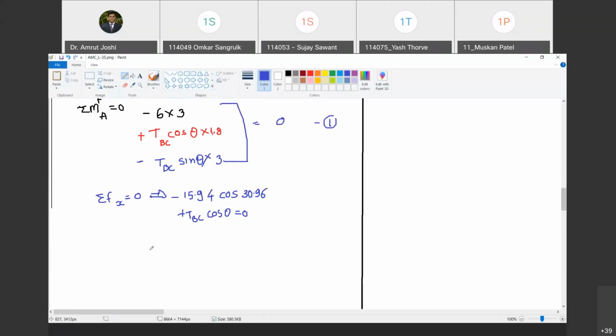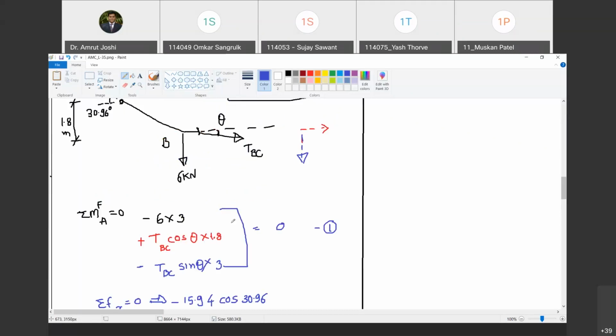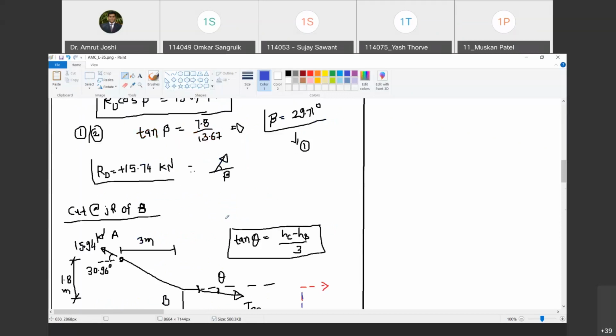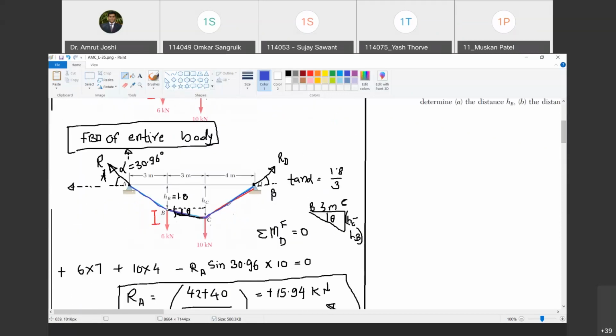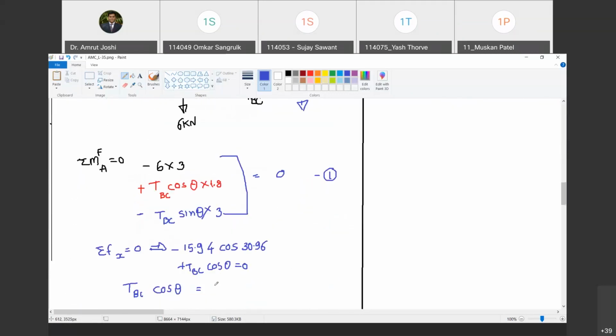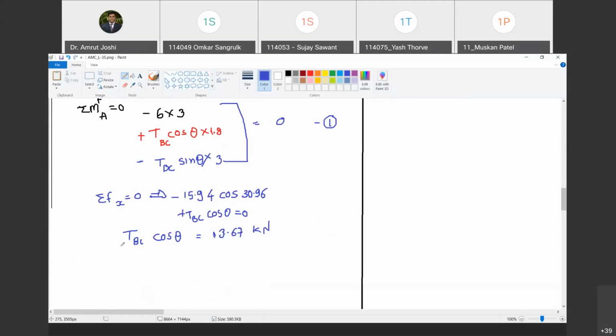So what will be the value of TBC cos theta? TBC cos theta will be equal to 13.67 kilonewton. Yes, sir. So this is TBC cos theta, which is equal to 13.67.